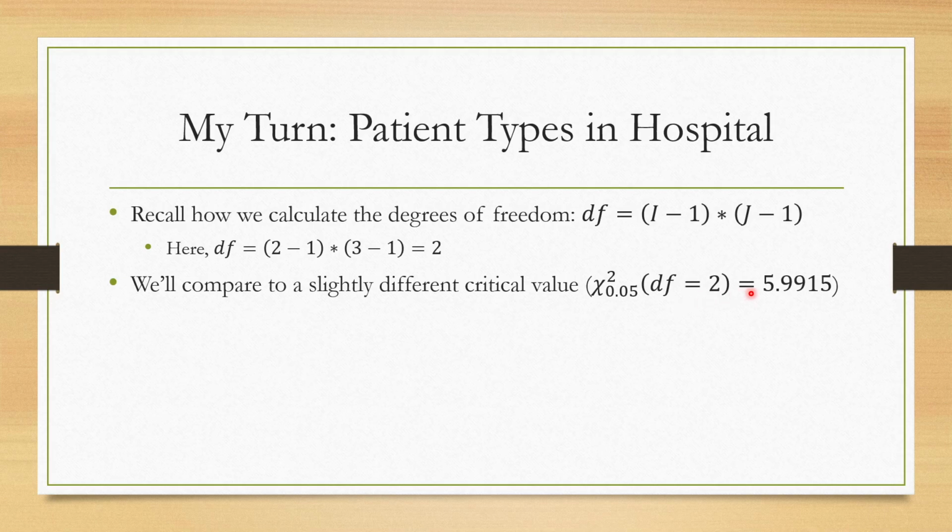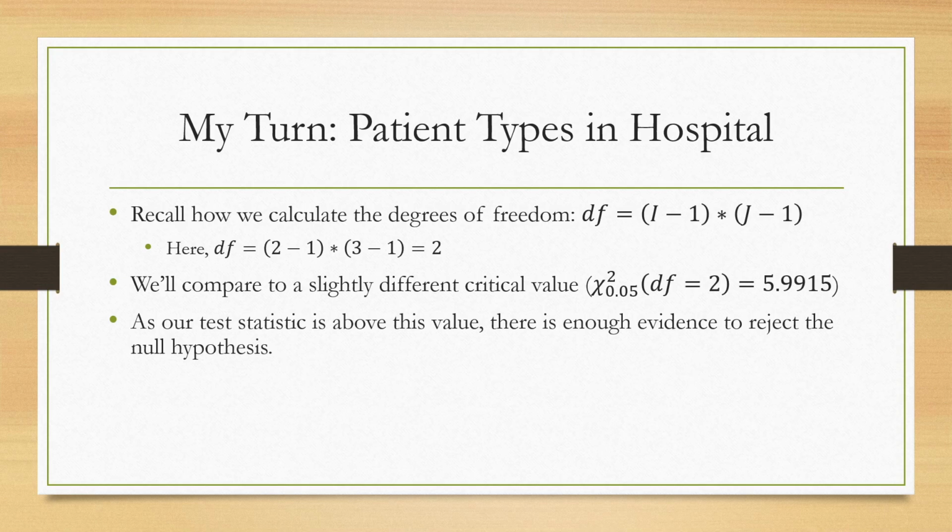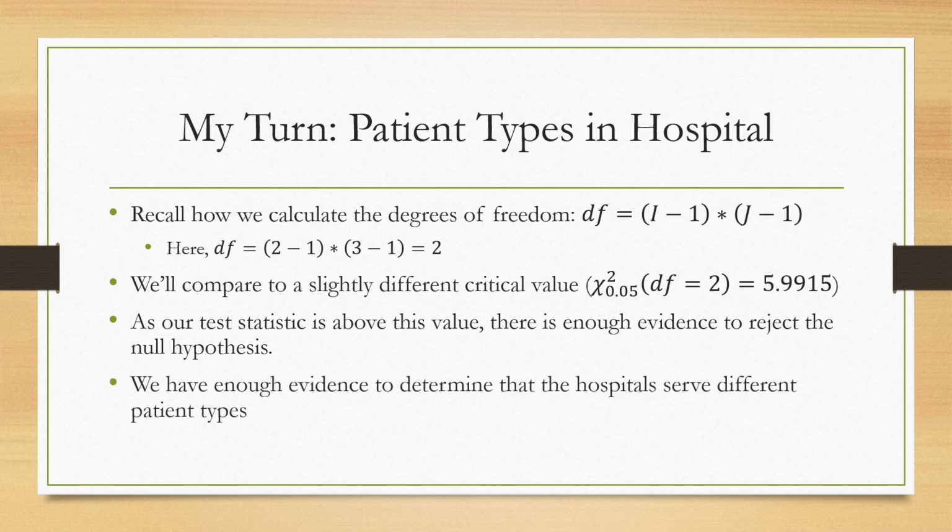And you can grab this value from statistical software or an online table, or a paper table if you want, from an old stats textbook. If you have one laying around, they all have chi-squared distributions in the back, and they would have this value listed in there. Because our test statistic is larger than this value, there is enough evidence to reject the null hypothesis. That's our determination. We reject.